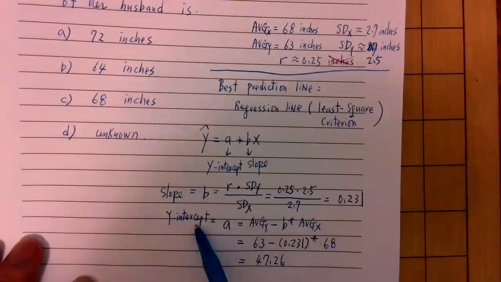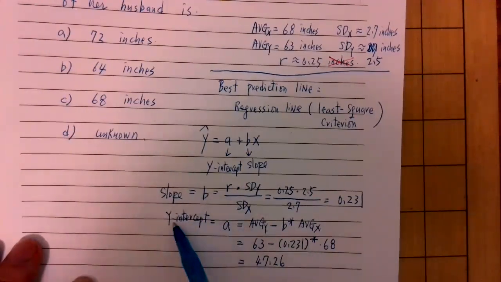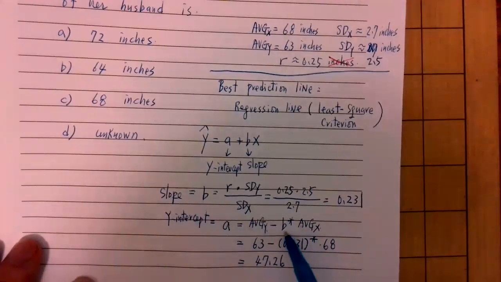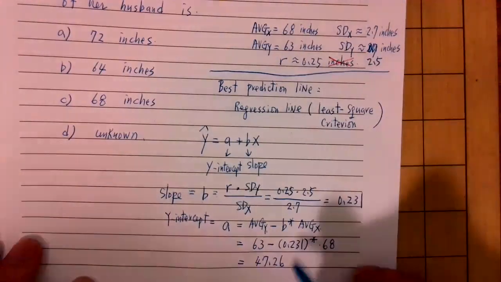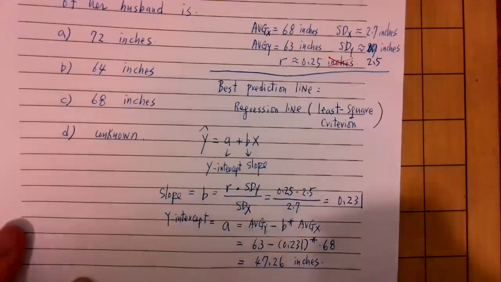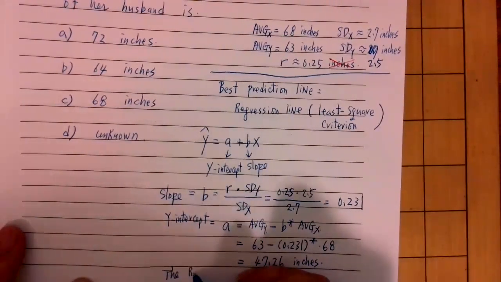You should find b first, because in finding the y-intercept a, you need to know what b is. So always find the slope first. You plug it in, and the y-intercept is 47.26, and the unit, of course, is inches.